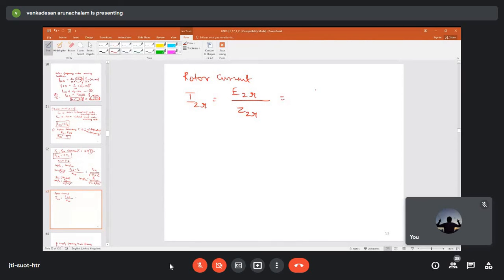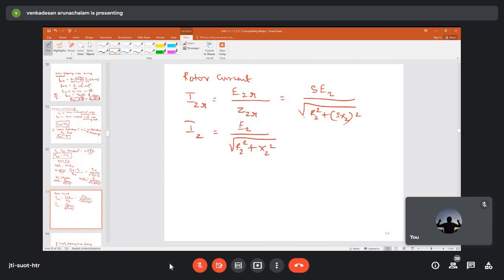So this one I can write S into E2 divided by root of R2 square plus S X2 whole square. What is I2? I2 is the rotor current under standstill condition. So whenever you want to get the condition under standstill, simply you substitute slip is equal to 1. So E2 divided by root of R2 square plus X2 square.